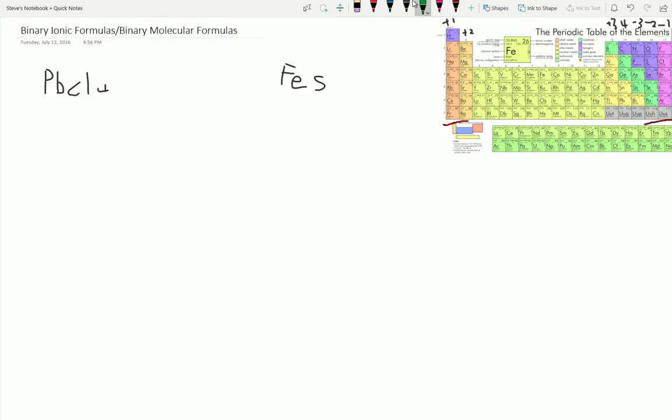For the first one, our metal is lead, so lead. And then its charge is +4, so we must write the 4 in Roman numerals. And then we have chlorine, which turns to chloride.